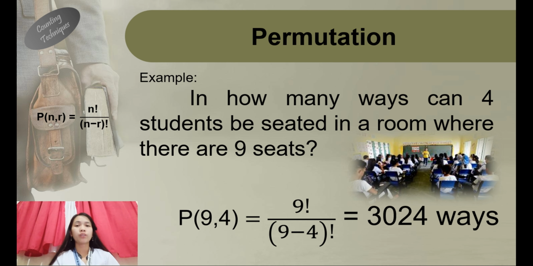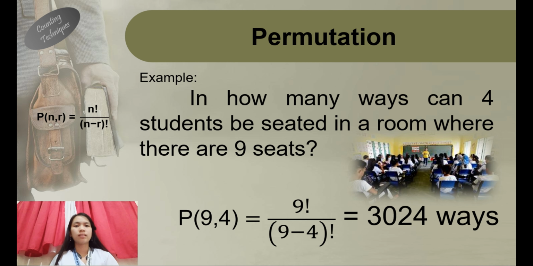So, the factorial of 9 is equal to 9 times 8 times 7 times 6 times 5 times 4 times 3 times 2 times 1 over the quantity 9 minus 4 factorial, which is equivalent to 5 factorial. 5 factorial is equal to 5 times 4 times 3 times 2 times 1.